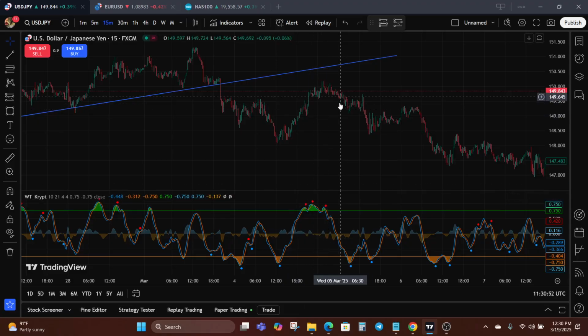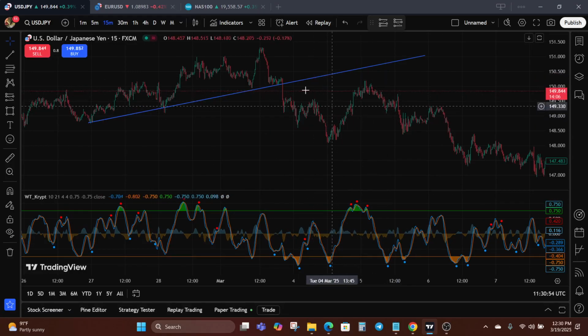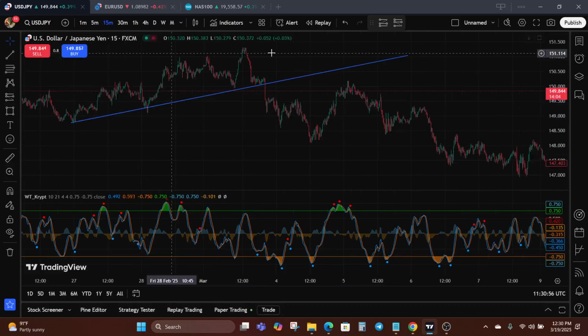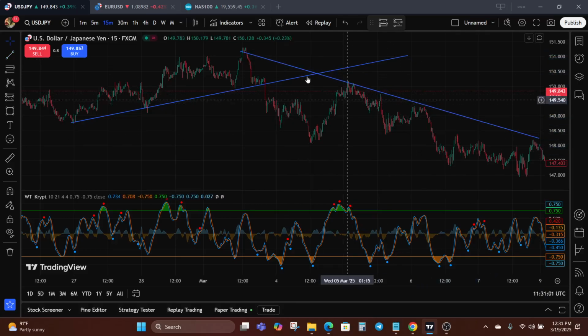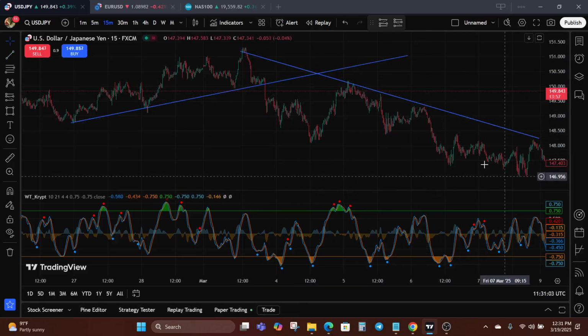It shows that the trend reversal is probably valid, and you can see that this was the formation of a new trend, which was a sell trend in this case.